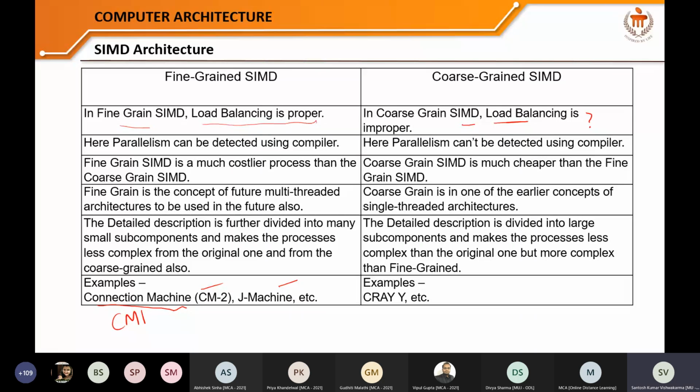Now here, parallelism can be detected using the compiler. In the second category, parallelism cannot be detected using the compiler. You may wonder how the compiler is going to detect this.